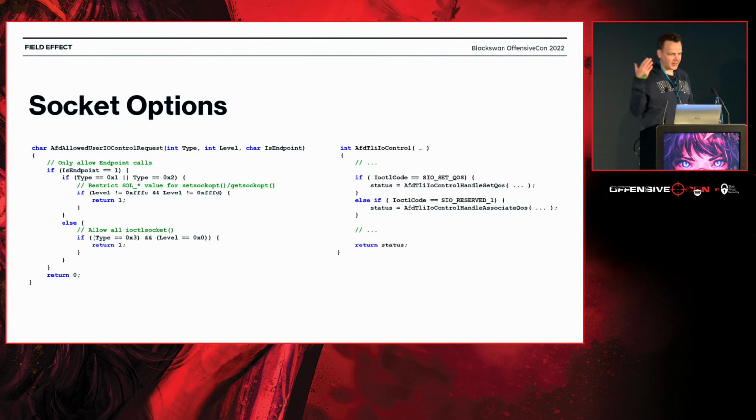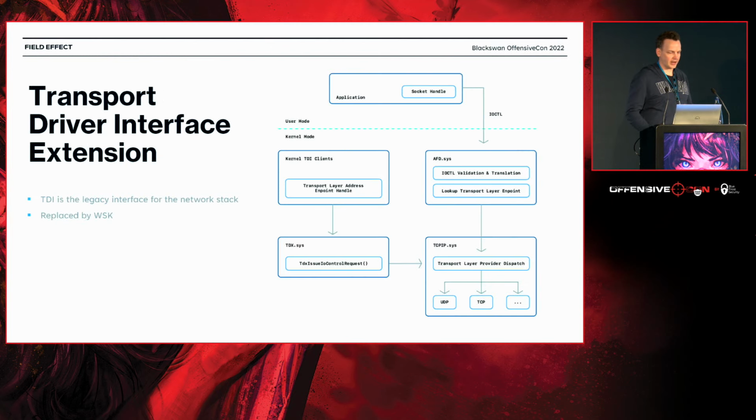So I already mentioned this TDI interface. It's the legacy interface. What kernel clients would do, if they create a socket through the TDI, or an endpoint socket, and want to set options, is talk directly to, originally TDI, but there's this driver, the transport driver interface extension, or TDX.sys, which really just provides the old interface as a wrapper to the new TCP/IP and AFD stack.